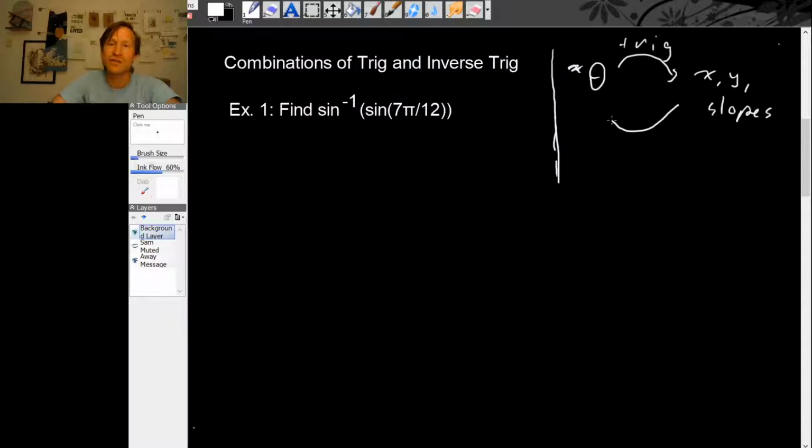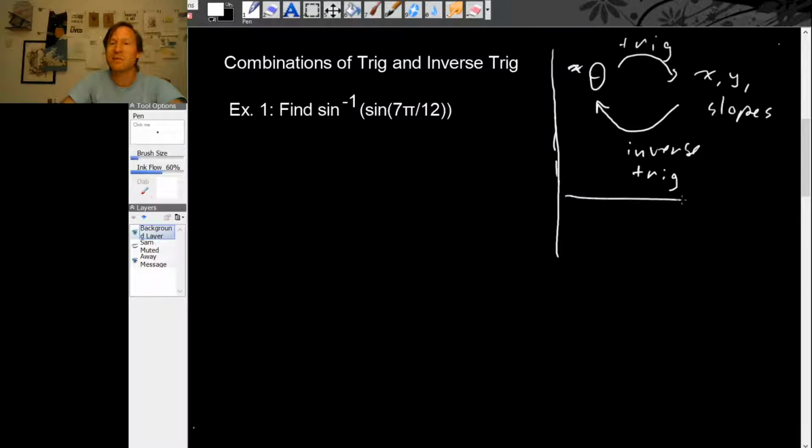And inverse trig functions go the other way. They take either x values, y values, or slopes, depending on whether you're talking about inverse sine, inverse cosine, or inverse tangent. And they produce angles as their output.